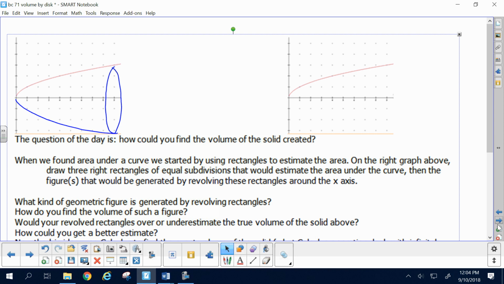Take a summation. That's the amount of slices we have. We have pi r squared times h, okay? 9 over 9, thank you.